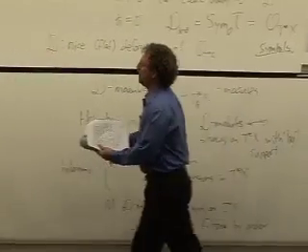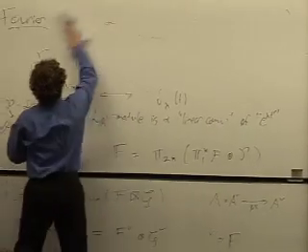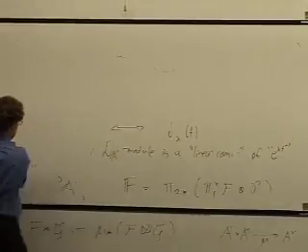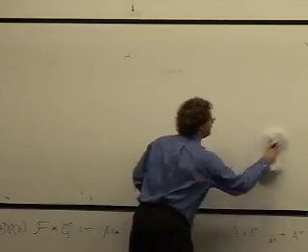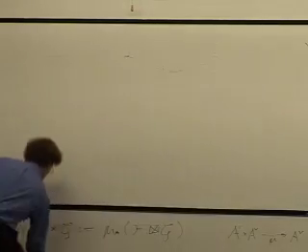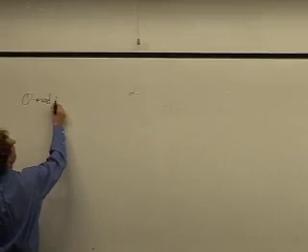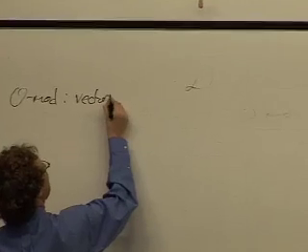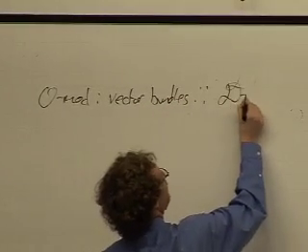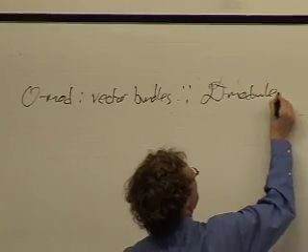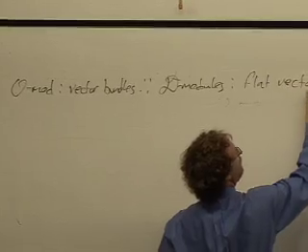So maybe one way to paraphrase this is, as a kind of analogy: O modules are to vector bundles as D modules are to flat vector bundles, vector bundles with flat connection.